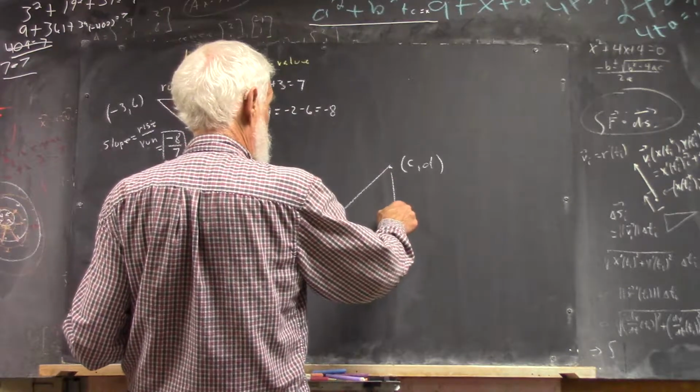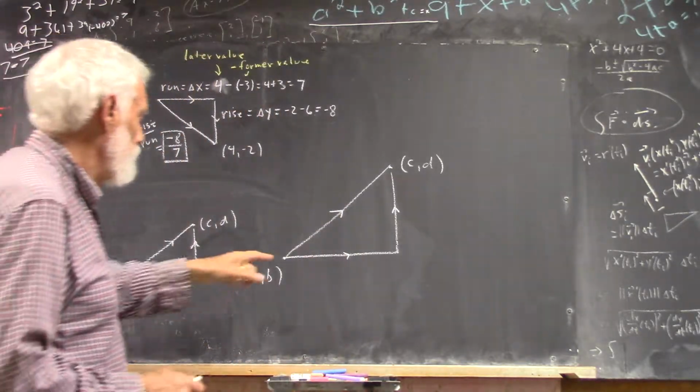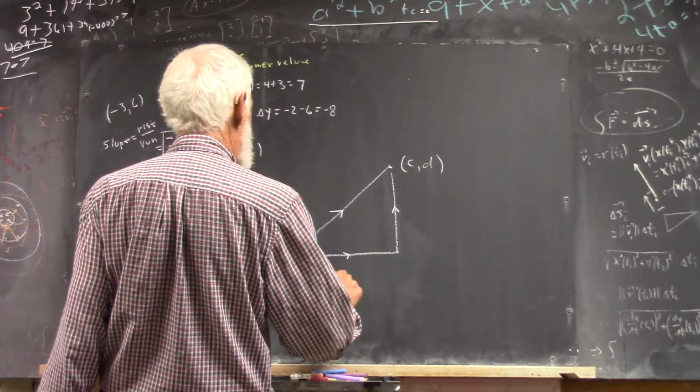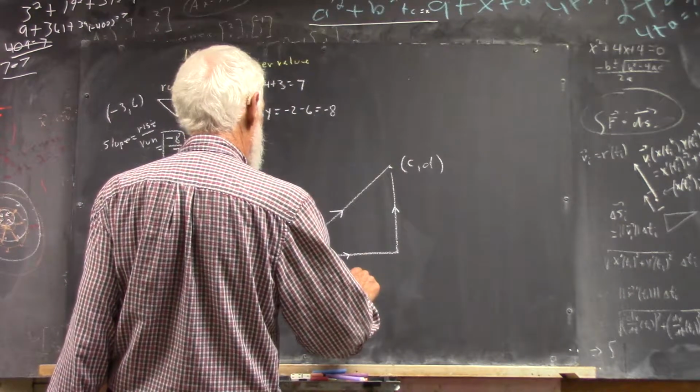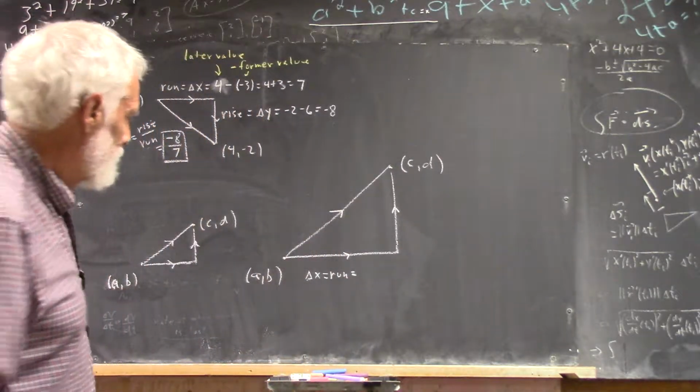And then our arrows go like this. And now we write delta x equals run.